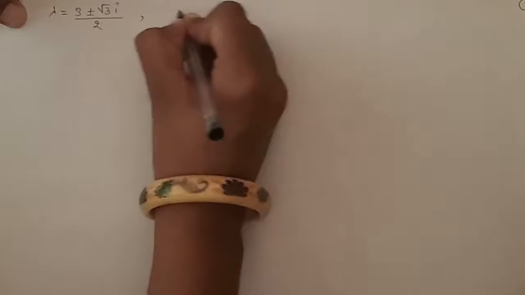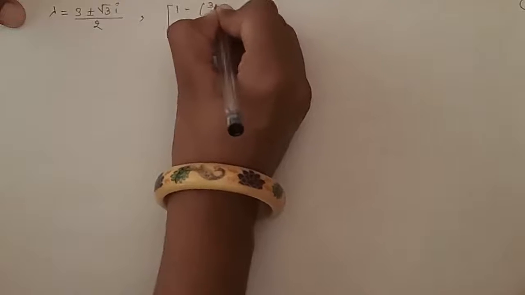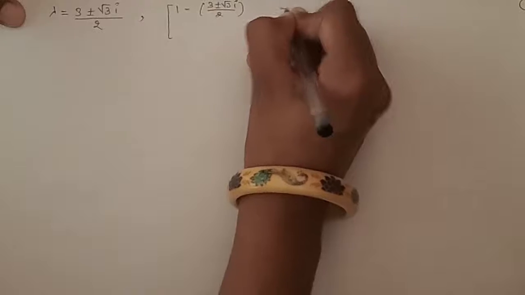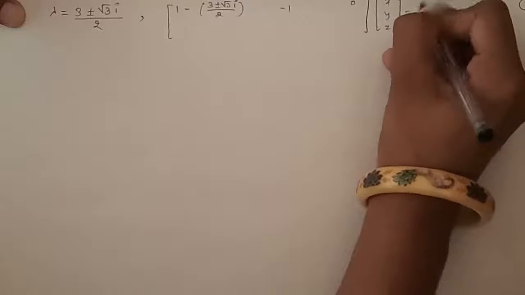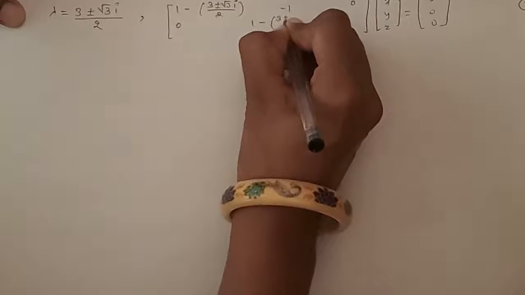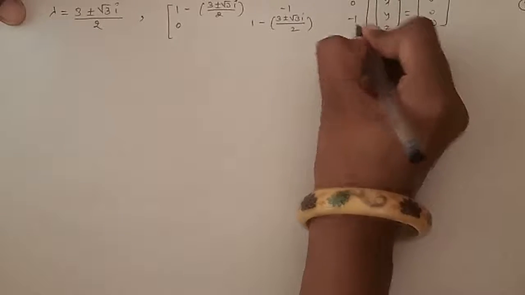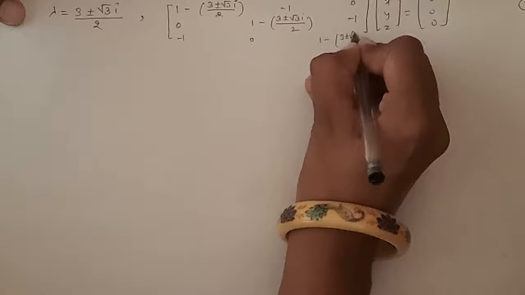So A minus lambda I: 1 minus (3 plus and minus root 3i) divided by 2, minus 1, 0; now this is 0, again this is 1 minus (3 plus and minus root 3i) divided by 2, minus 1; minus 1, 0, 1 minus (3 plus and minus root 3i) divided by 2, into (x, y, z) is equal to (0, 0, 0).